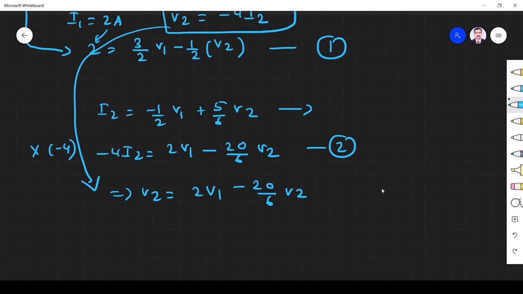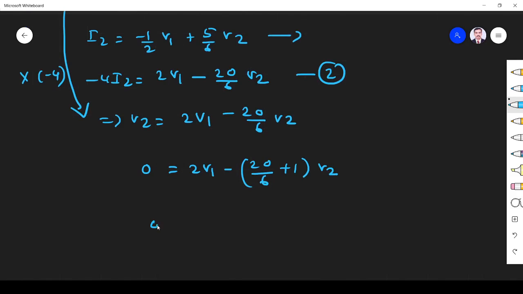This is very simple, I apply that formula here. I bring this V2 to this side, so minus 20 by 6 V2 becomes plus V2. If you simplify, 0 is equal to minus 1 by 2 V1 plus 13 by 12 V2, right?